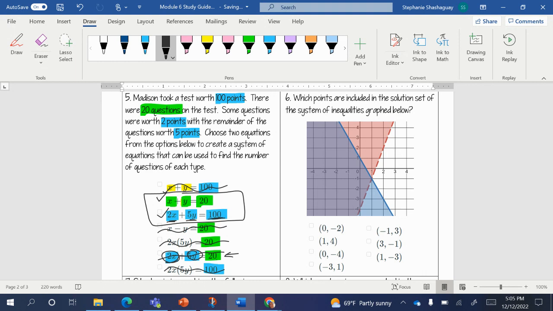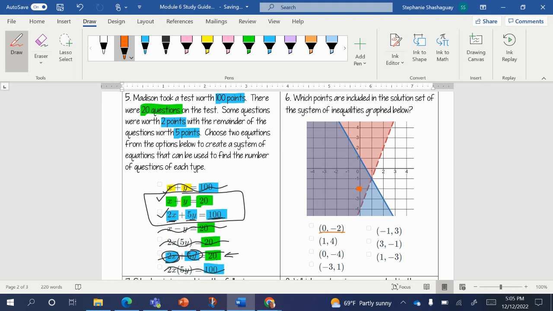All right, question 6. Lots and lots of possible errors on question 6. So we want to make sure that we take our time to do this correctly. I'm going to try to color code everything. So 0, -2. If I'm looking at 0, -2, I'm at this point right here.